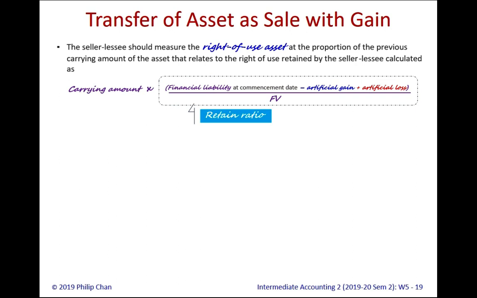So if you sell it at, let's say, 100, but then you lease it back only for 80 after all the discounting, then what that means is you would hold back or retain 80% of the asset for your own use. The rest of the 20% would have been transferred or sold to the buyer-lessor. And that is basically how we interpret this retain ratio, right?